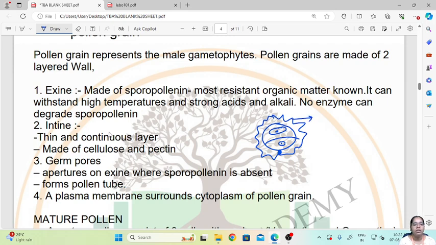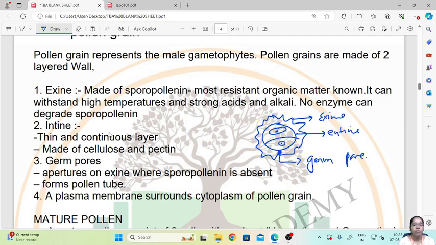That is the exine, the outermost layer. Then this is called the intine, the inner or middle layer. Then comes the germ pore, which helps in formation of the pollen tube during the germination of the pollen grain. This is called the germ pore, wherein the intine and exine are absent.